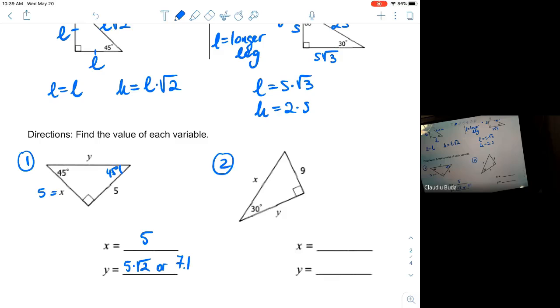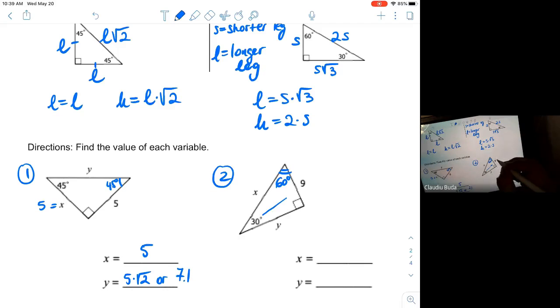Okay. In a 30-60-90 degrees special right triangle, the shorter one is always opposite to the 30-degree angle. So that is the shorter one. And then this is the longer one, y.